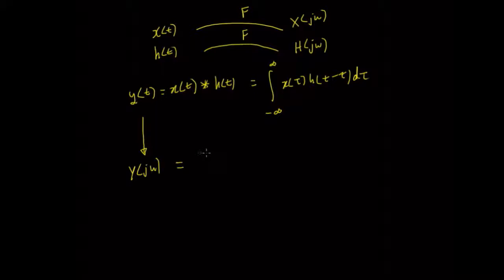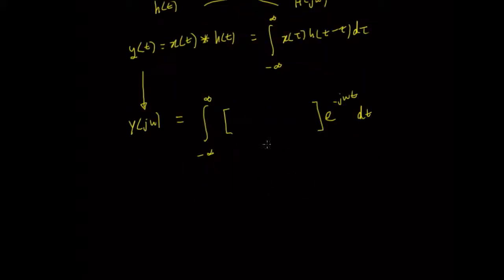So we can write the Fourier transform out. That is the integral from minus infinity to infinity of, well, it's going to be some function, okay, times e to the minus j omega t dt. Now the function we want to do the transform of is the convolution operator, so that's this function here.